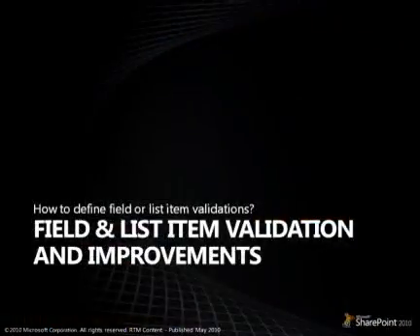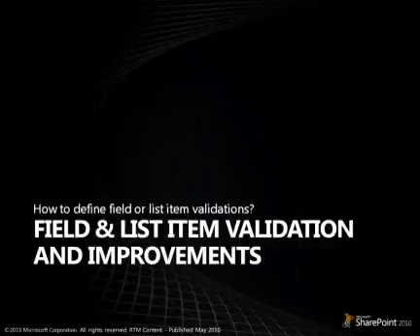One of the new capabilities in list level is the capability of having validation rules for both field and list item level. In the previous version this was only possible within field level, but not in list item level.